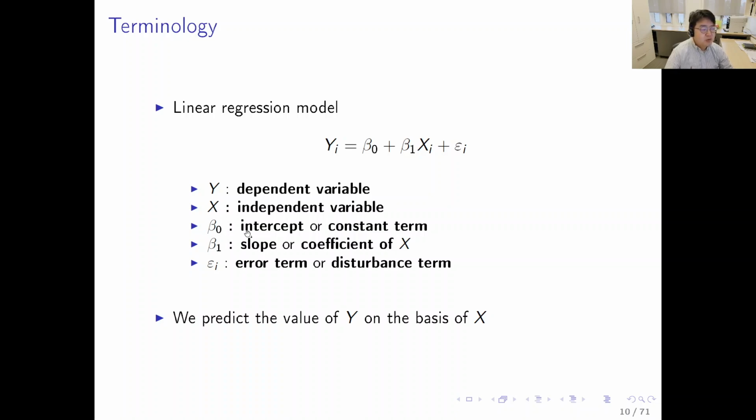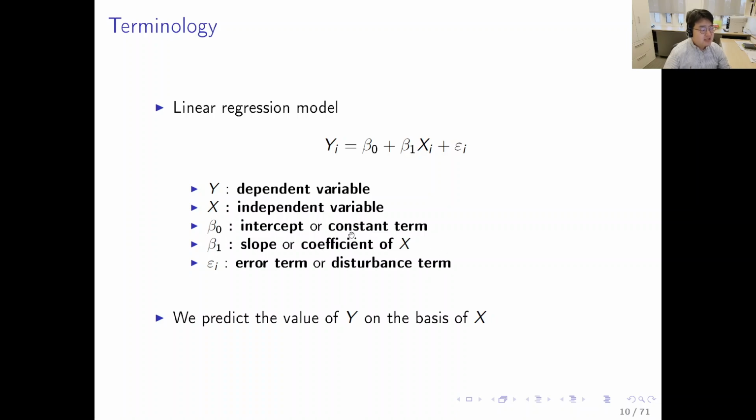And beta 0 is called the intercept or constant term, the more mathematical term. And beta 1 is the slope, or the coefficient of x, right? So that's the mathematical term. And epsilon is the error term or the disturbance term, right?